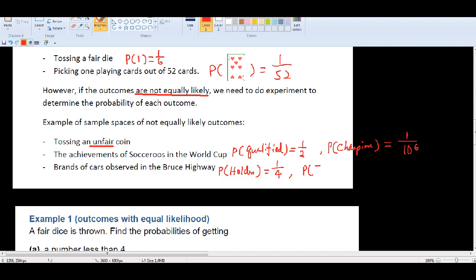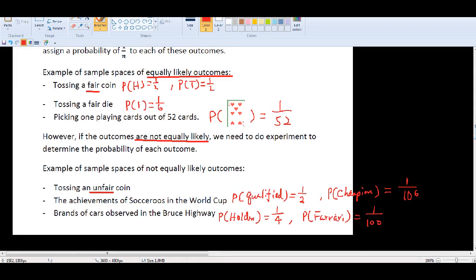But if you see a Ferrari, I'm not quite sure of the spelling, possibly 1 out of 100. So if there are 10 different brands of car on the Bruce Highway, you can't say each one is 1 out of 10. Some are much higher than that, some much lower, right? So that's what we call not equally likely outcomes.